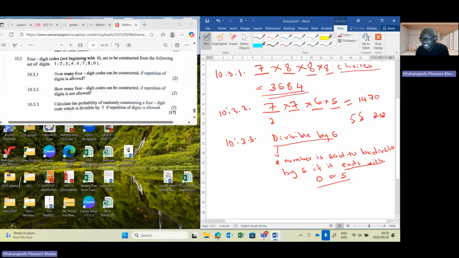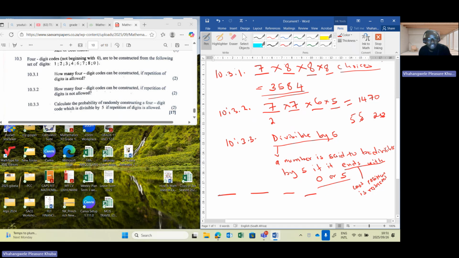So when we are saying it ends with a 5 or 0, meaning the last position is restricted. We have 4 positions, so we have 1, 2, 3, 4. But this one, they are saying it must be divisible by 5, so only 2 numbers can qualify to be here.